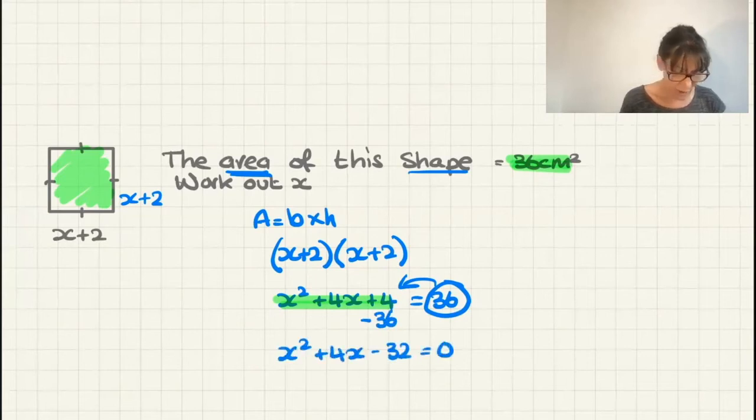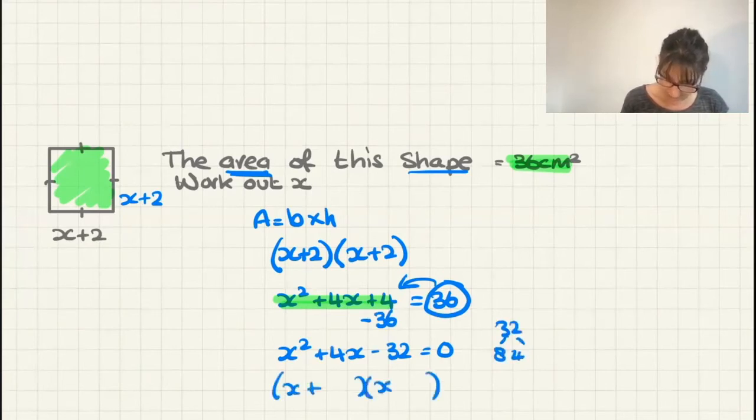I can now go on and solve this. 32 is going to be 8 and 4. So I've got x plus or minus. I want to make a positive 4, which is going to give me 8 and 4 here. So x is equal to minus 8 and x is equal to 4.